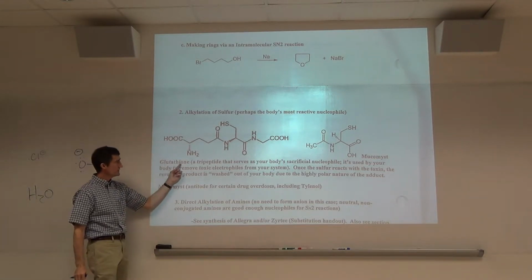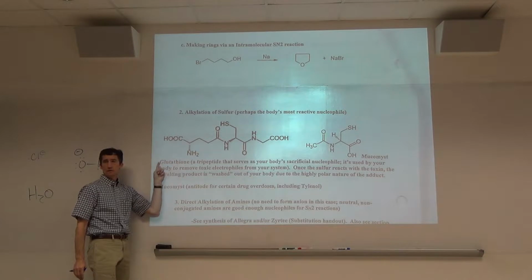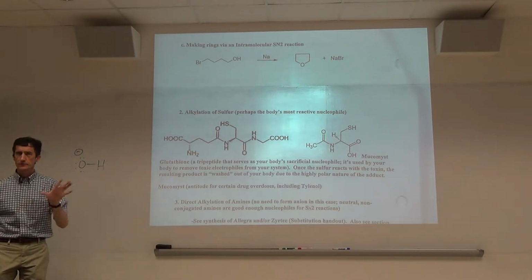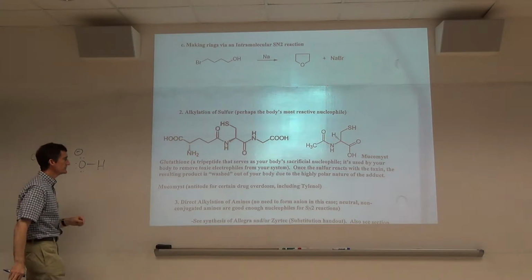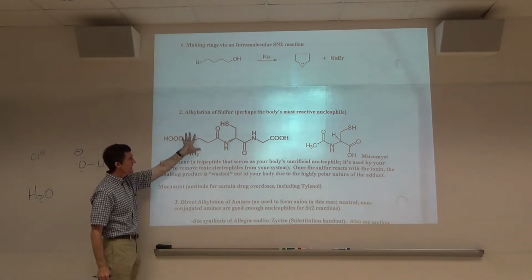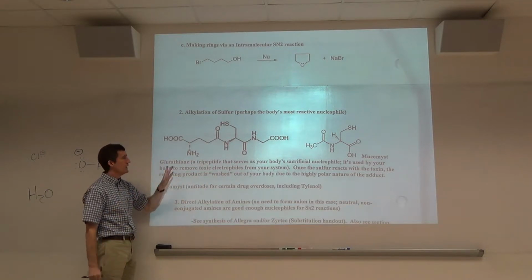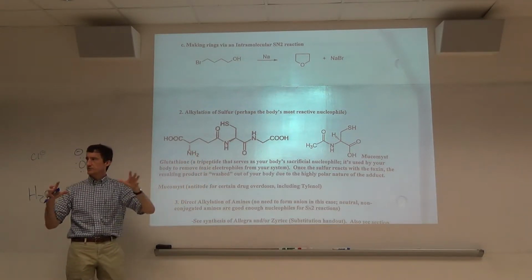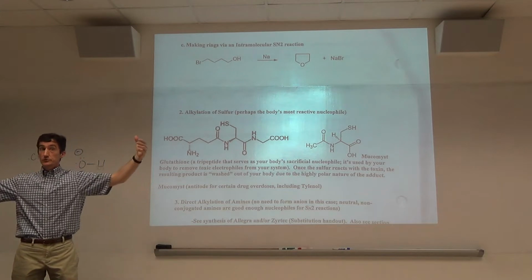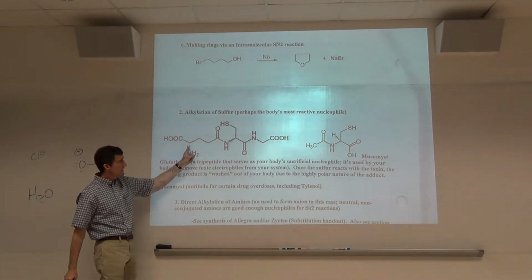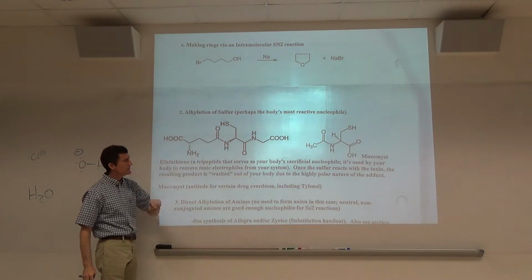Anybody ever heard of glutathione? It's actually sold at the drugstore in the supplement section. It's this tripeptide. Tripeptide meaning it's 3 amino acids bonding together. You get enough amino acids bonding together, you get a huge protein. But glutathione does a couple of different things in the body.